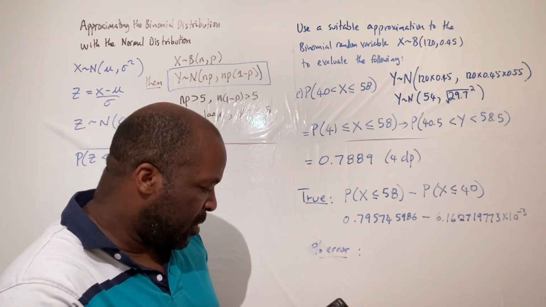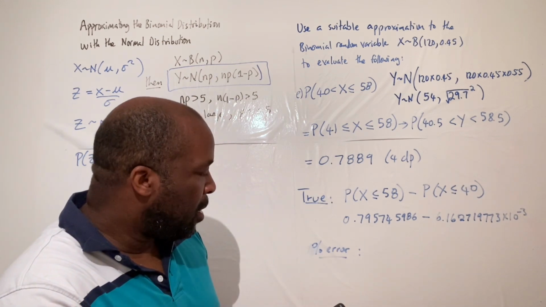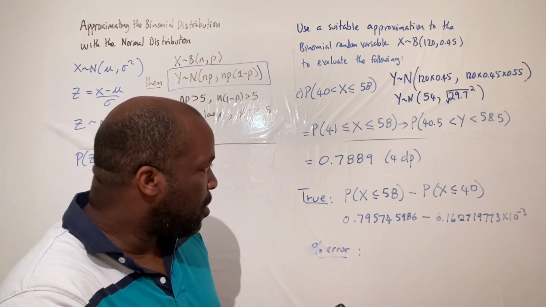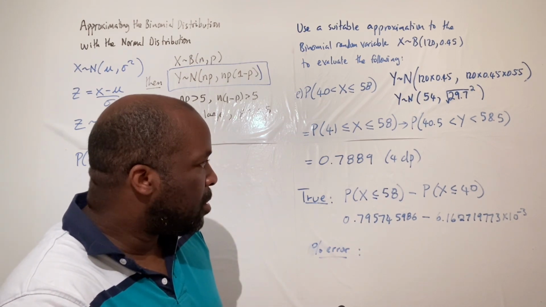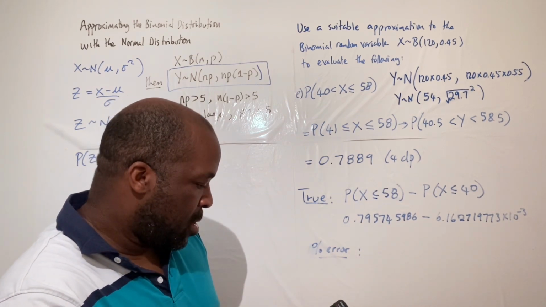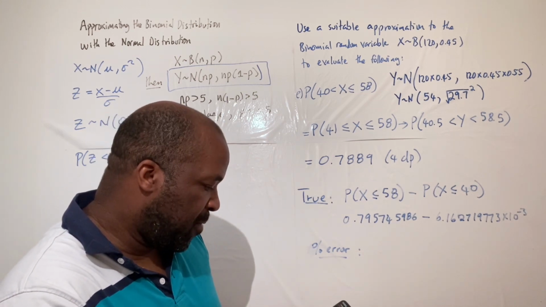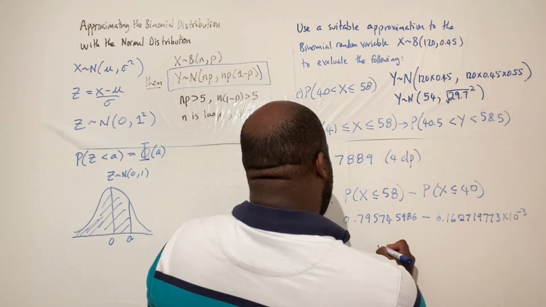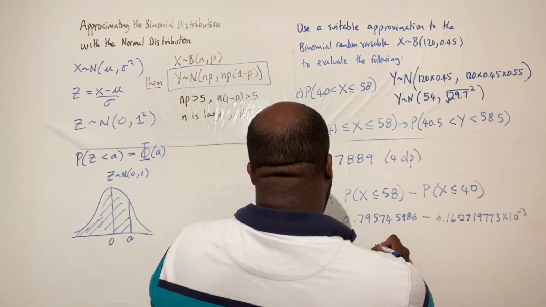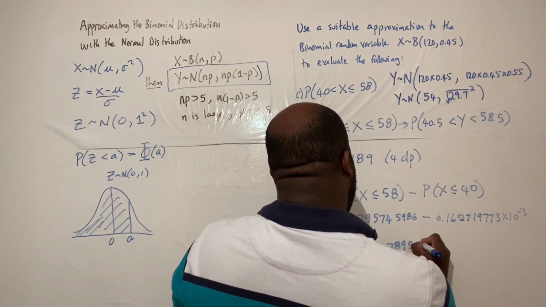That would be probably the more straightforward way. All right, so hopefully you're also doing this where you are, and then the true value is going to be 0.78958.